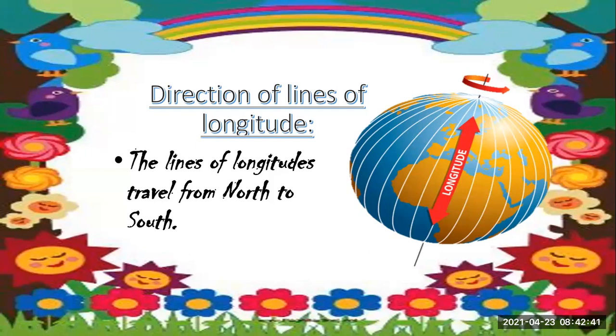But according to this globe, on the poles are always either the north pole or the south pole. They are not east pole or west pole, because on east or west we can identify the equator, not the poles. So what is the direction? This is very understood, because they are running vertically, so of course they are running from north to south or south to north.